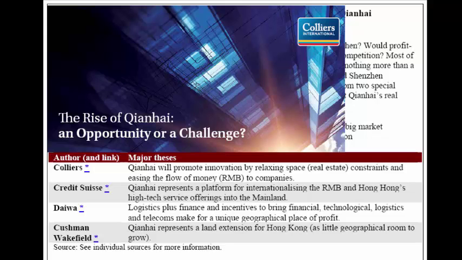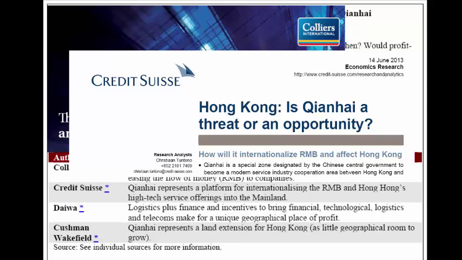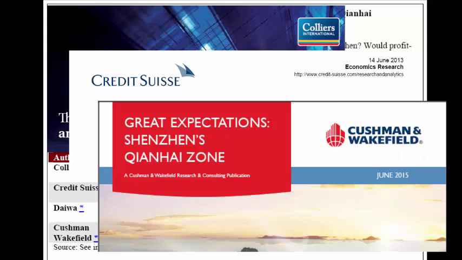We review Credit Suisse's vision of Qianhai as a platform for further internationalizing Chinese renminbi, as well as representing a platform for Hong Kong companies looking to market high-tech products on the mainland. We reviewed Daiwa's vision of Qianhai as a logistics center, and Cushman Wakefield's view of Qianhai as basically a land extension of Hong Kong.